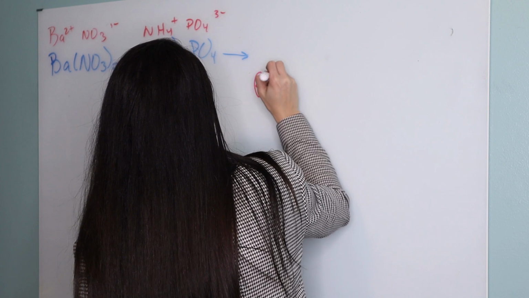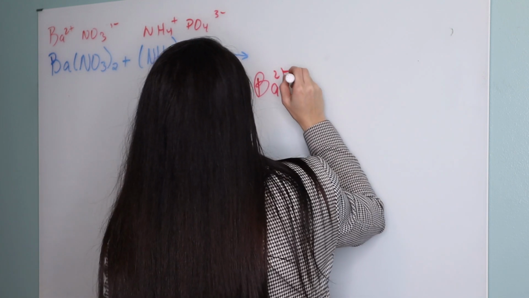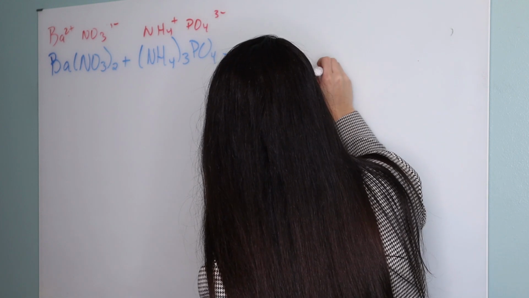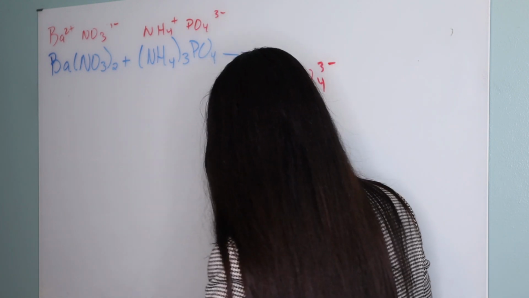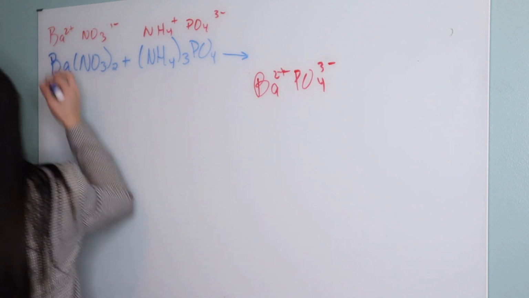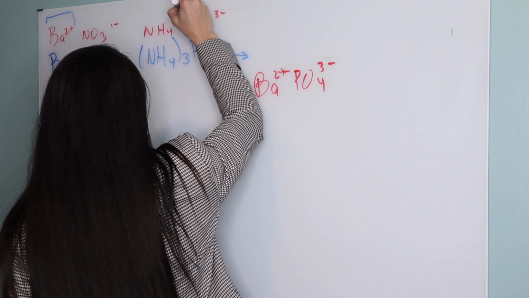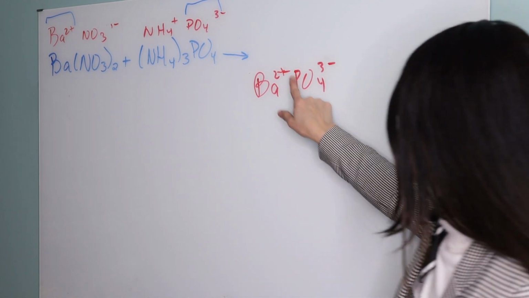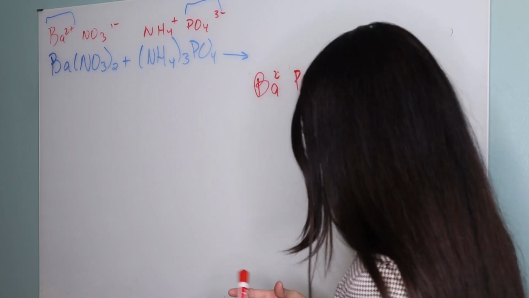We have barium 2+, right? And PO4 3 negative. Let me put this. I took this one and I took this one. All that I did was write them next to each other. Right, this is very ugly.